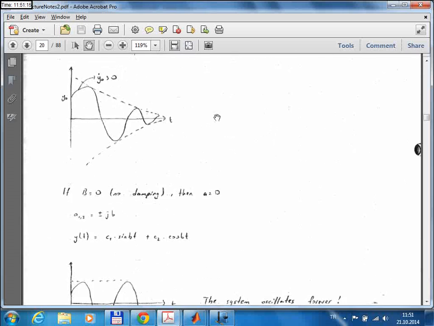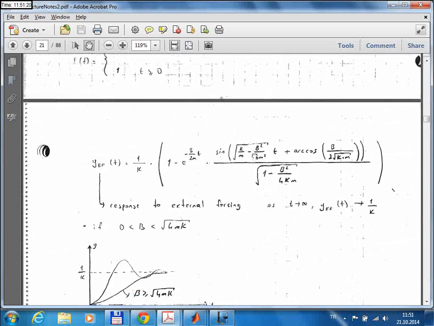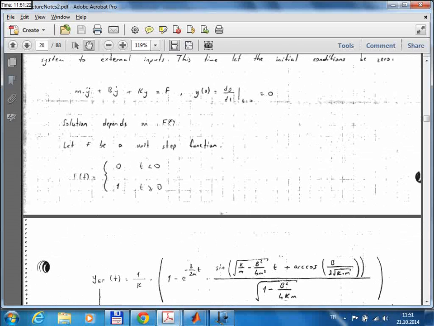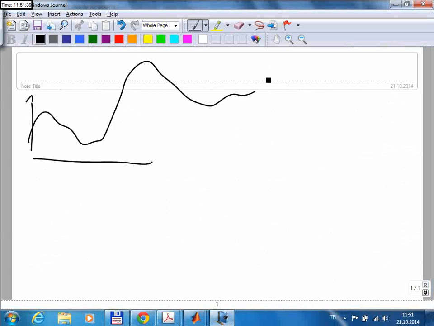In fact, when you want to find the forced response, the solution depends on the input you have, and unless the input is a well-defined function like a sine wave or a step function, you cannot define an analytical solution. If the input is an arbitrarily changing signal, something like this, you cannot find an analytical solution corresponding to the system response for that input.